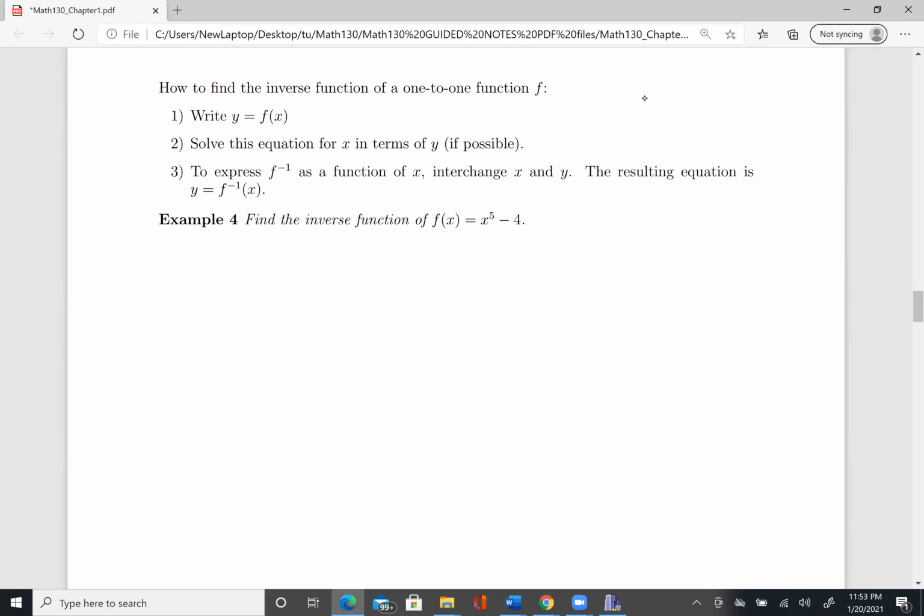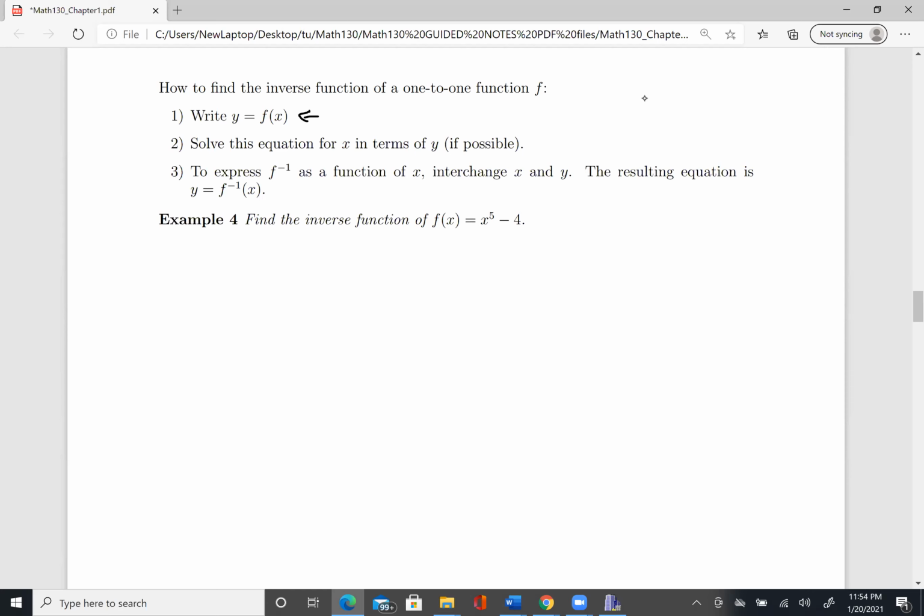Now, the question is how to find the inverse function of a 1-to-1 function f. We follow 3 steps here. First, write y equal to f of x. Second, solve this equation for x in terms of y, if possible.